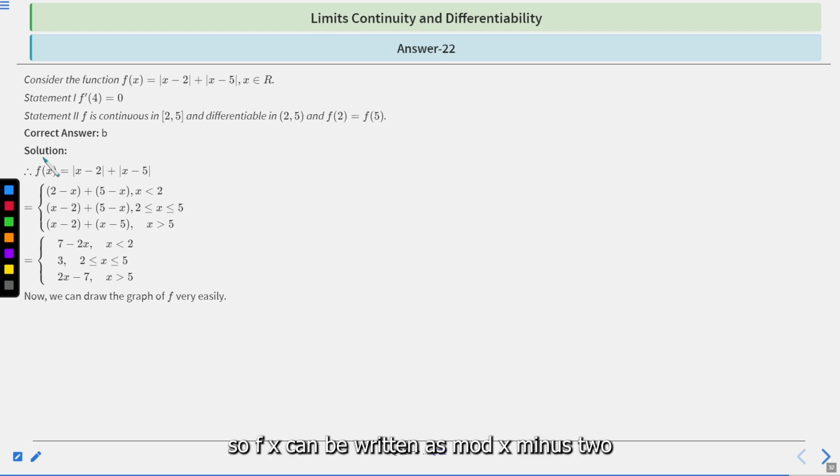Okay, so f(x) can be written as mod(x minus 2) plus mod(x minus 5), and it is equal to 2 minus x plus 5 minus x when x is less than 2, x minus 2 plus 5 minus x when x is between 2 and 5, and x minus 2 plus x minus 5 when x is greater than 5. So after solving this, f(x) is 7 minus 2x when x is less than 2, 3 when x is between 2 and 5, and 2x minus 7 when x is greater than 5.